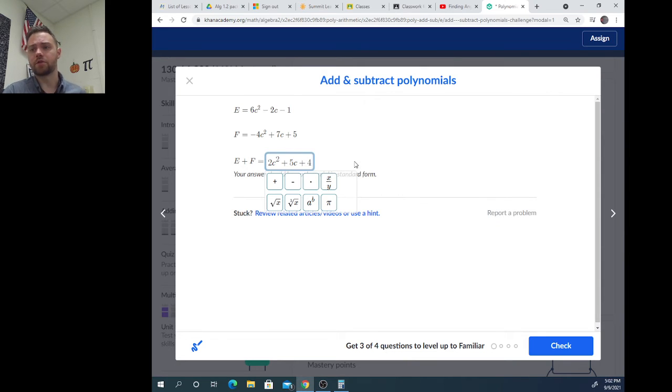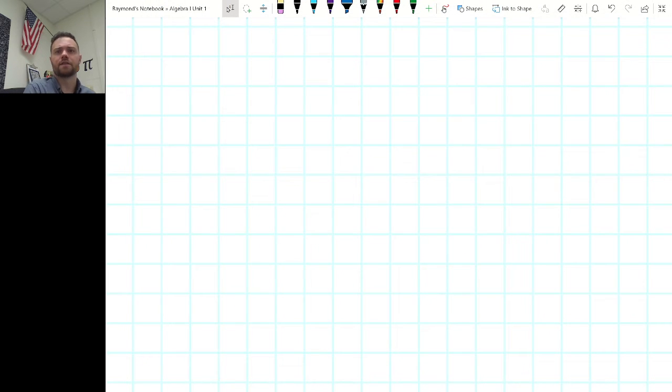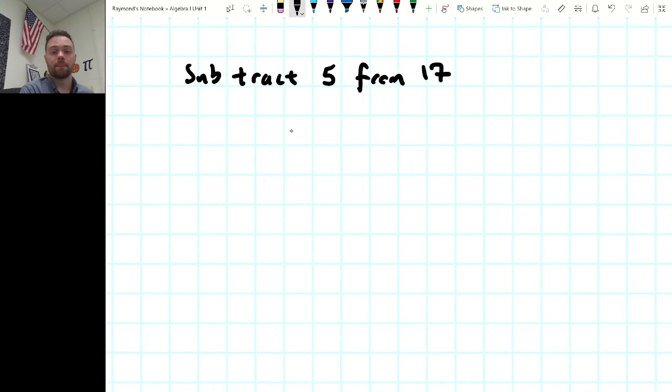So hopefully we'll get a subtraction problem next. These are the problems that really trip people up because they don't understand which direction and which way these should be in order. So I want to give a little bit of an aside. If I say subtract 5 from 17, if that's our goal, it is not writing that first number first and then subtracting.